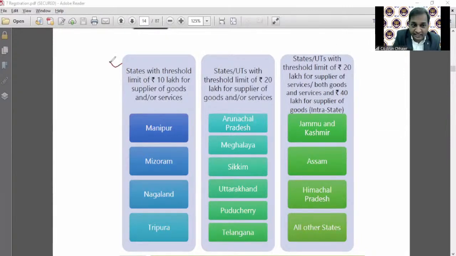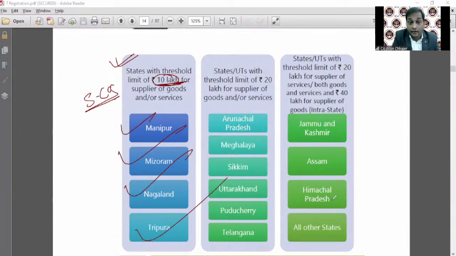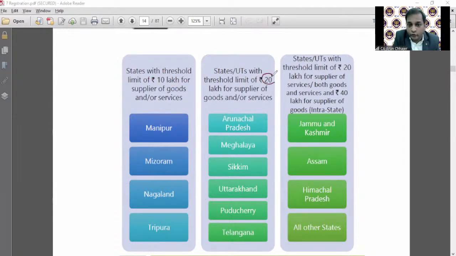So based on this, I can explain the limit is 10 lakh, whether you are exclusively in goods or services or only services, the limit would remain 10 lakh rupees for the special category states Manipur, Mizoram, Nagaland, Tripura. Where would the limit be 20 lakhs?